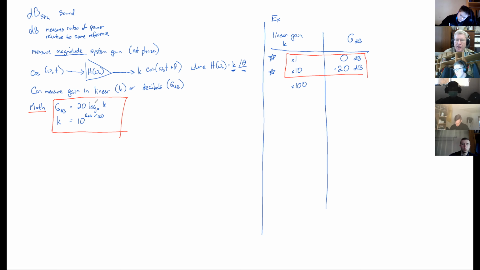What's log base 10 of 100? 2. So 2 times 20 is 40. So though this has gone up by a factor of 10 and a factor of 10, these only go up by 20.